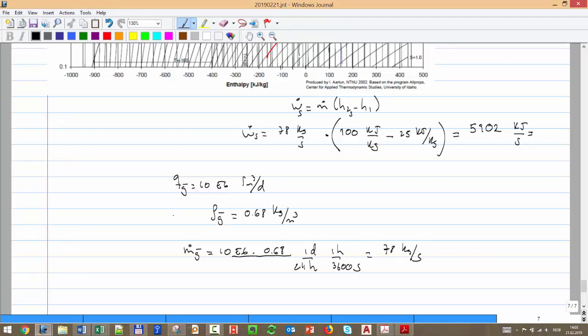And how much is a joule per second? That is 5.9 megawatts. That's how much, ideally, if I manage to make it ideal, how big a motor I need to move that compressor. A compressor of 5.9 megawatts.